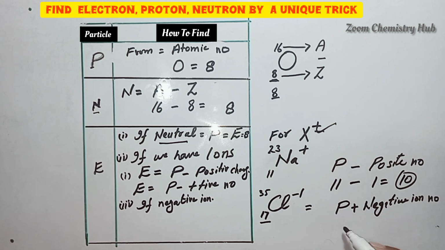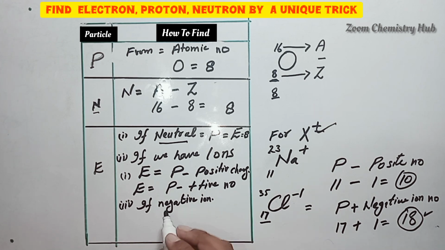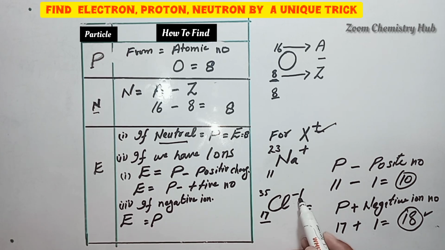So proton number is 17 and negative charge is 1. So the number of electron in chloride is 18. So we can find the number of electron by adding the ionic number to the number of proton.